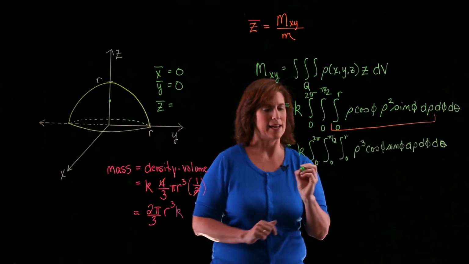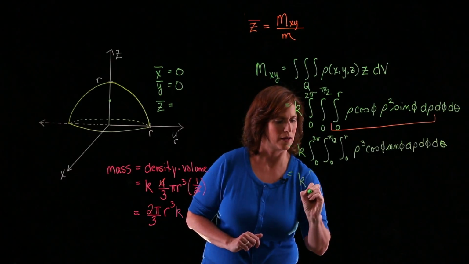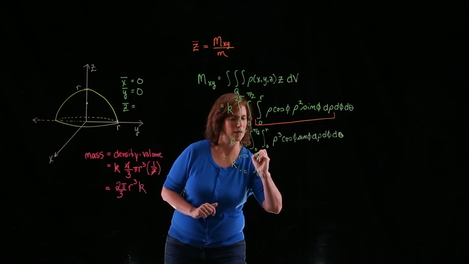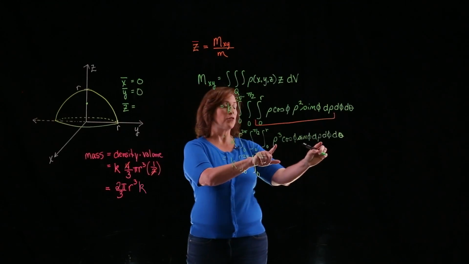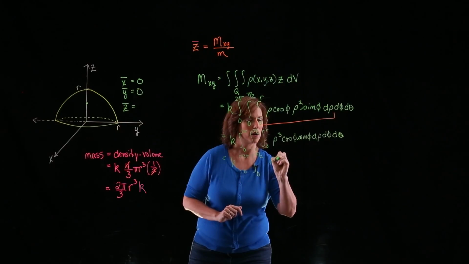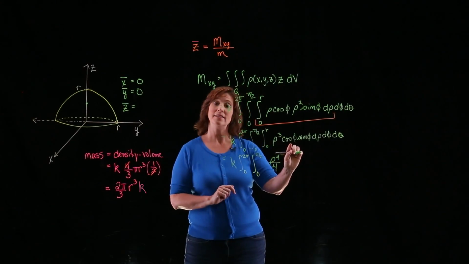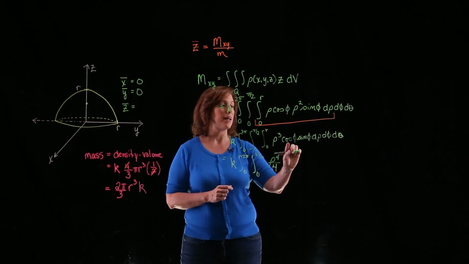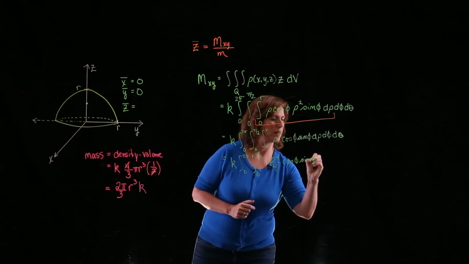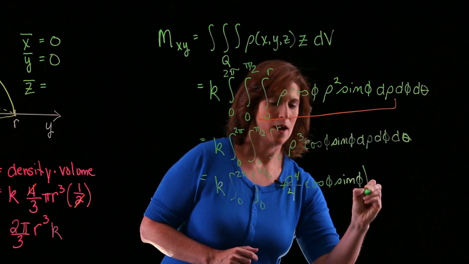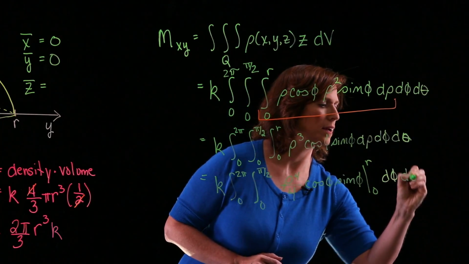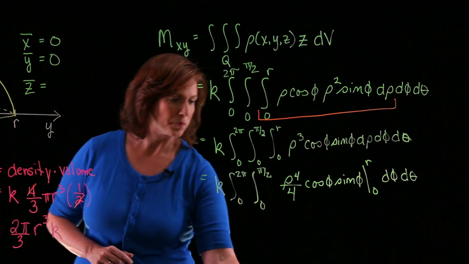Okay, now again, that inside integral. I'm integrating with respect to rho, so that's going to be rho to the 4th over 4. And since phi is going to be treated as a constant, this will just be cosine phi sine phi, evaluated from 0 to r, and I still have d phi d theta.